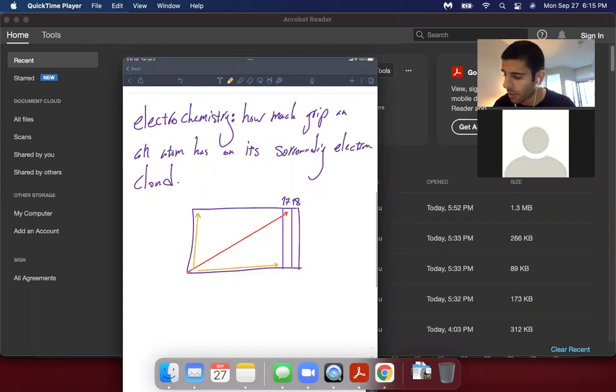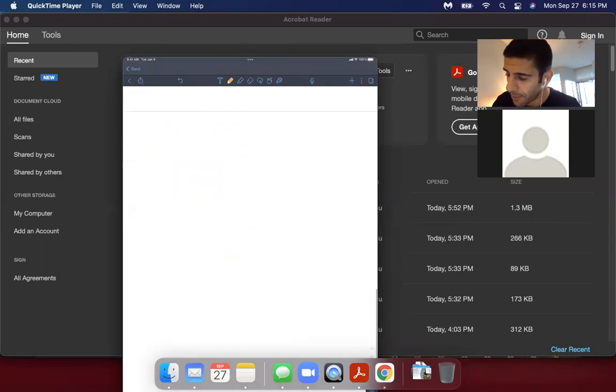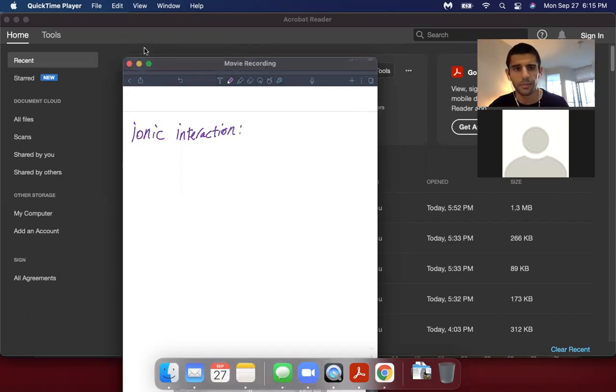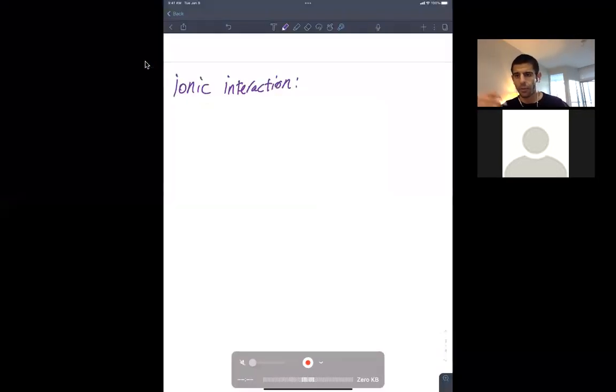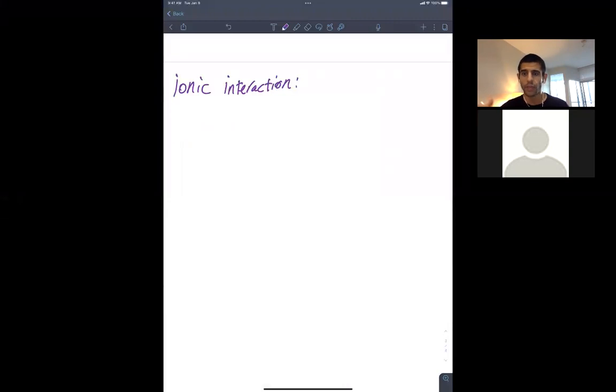So when you're actually talking about ionic interactions, it's not about being nice, it's about bullying someone. Someone is a lot stronger than the other one, AKA someone is a lot more electronegative than the other one.